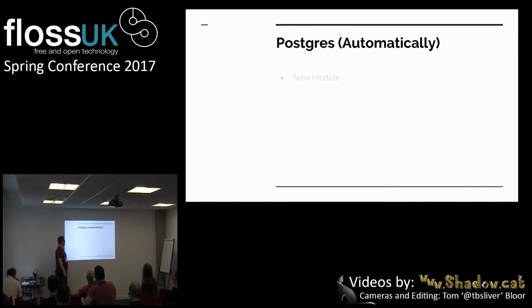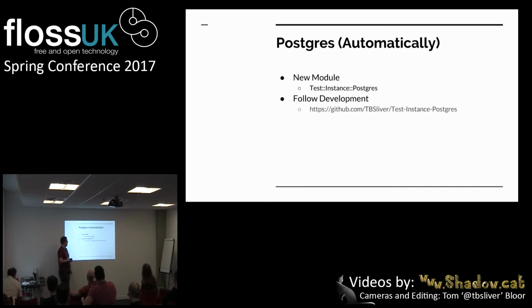Now, I would have loved to actually have that working in its own new module. However, it's in the same namespace, Test::Instance::Postgres. It's not on CPAN yet because it's still under development. However, if you want to follow development, it's on my GitHub at test instance Postgres. And if you see any patches, although while it's still in dev, it's fairly obvious it needs patches.